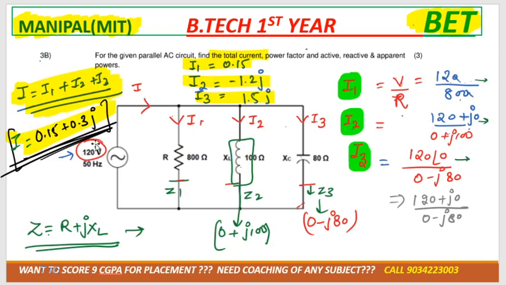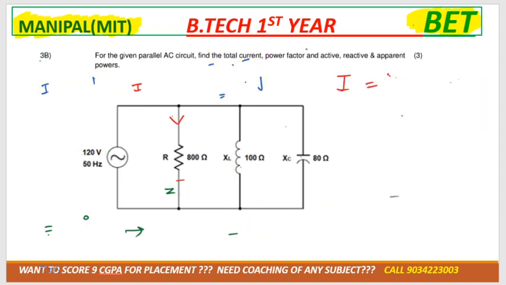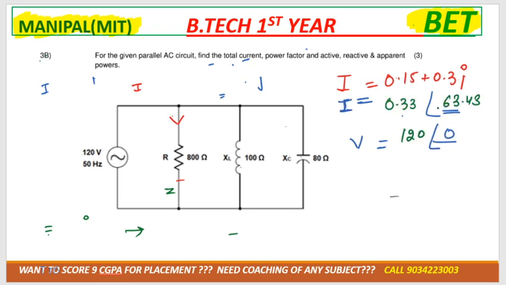We got the current value as 0.15 plus 0.3j. Can we convert it into polar form? Because after converting into polar form, we'll get a particular angle. Voltage angle is 0. Convert it into polar form and then tell me. Okay. After solving, you'll get the current value.